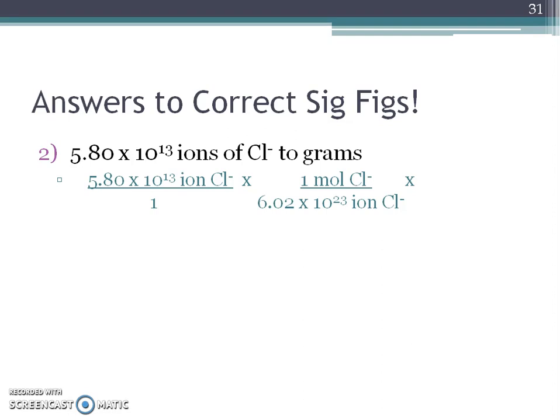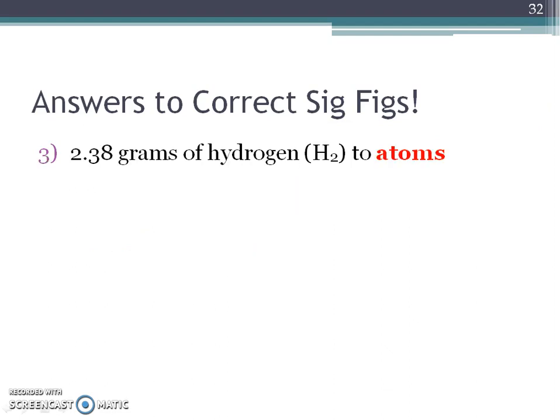But there's another step here. So now that we're at the mole unit, now we're going to use formula mass of the chloride ion. And again, put it into your calculator correctly and use that EE button for that times 10. Again, if you need help with that, let me know in class, and you should get that as your answer. 3 sig figs we started, so 3 sig figs we end.